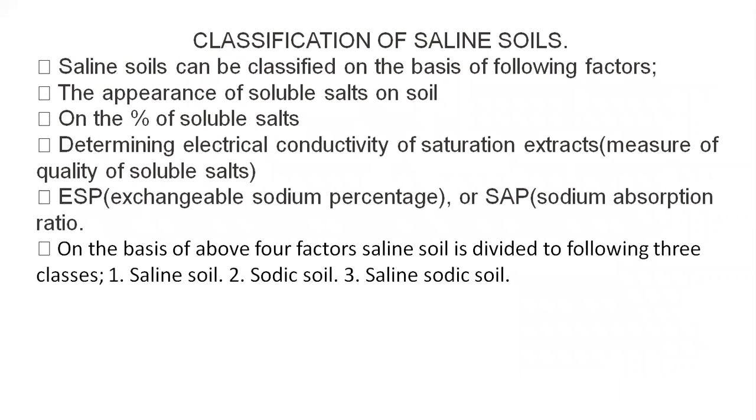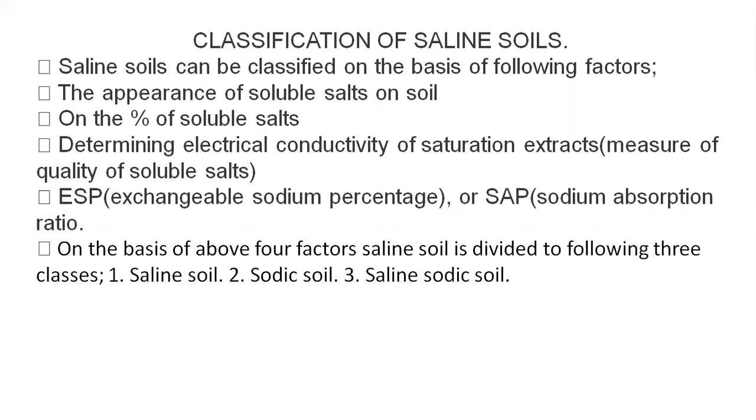The classification of saline soils: they are classified on the basis of the following factors: the appearance of soluble salts in soil, the percentage of soluble salts, the electrical conductivity of the saturation extract, and the measure of quality of soluble salts. You can easily understand the first two points, the appearance of soluble salt in soil and the percentage of soluble salts.